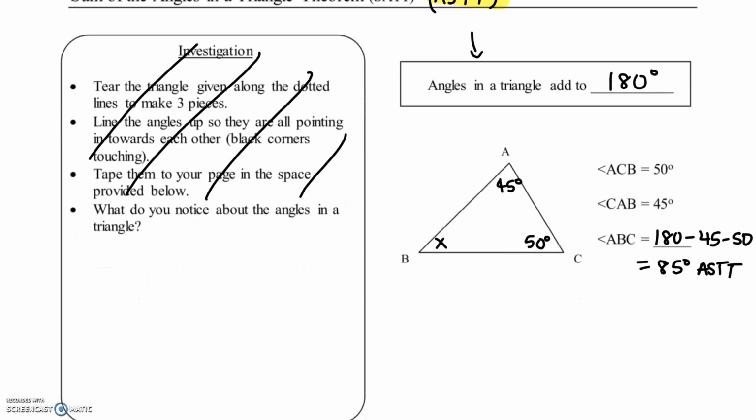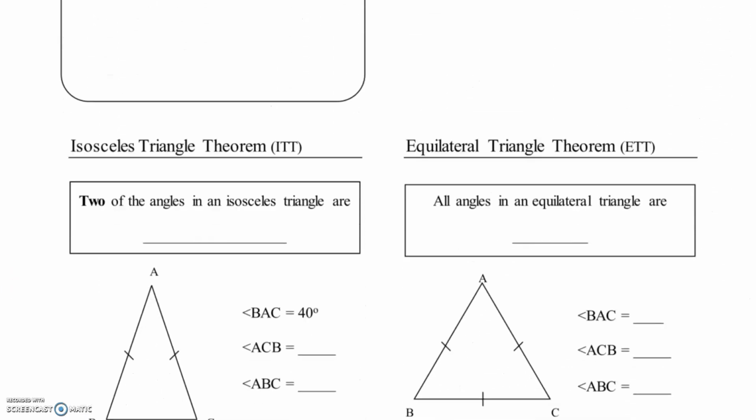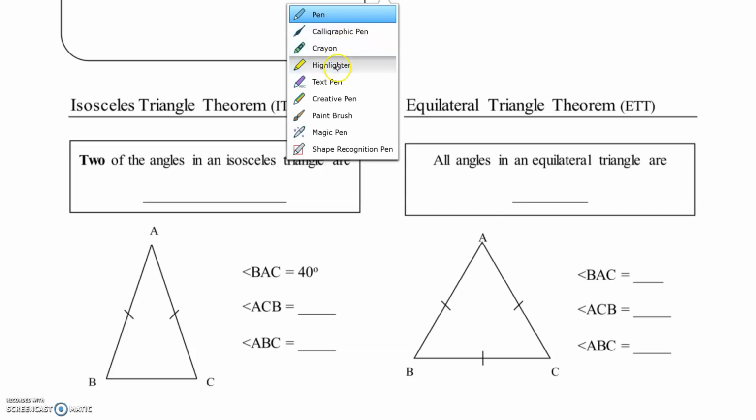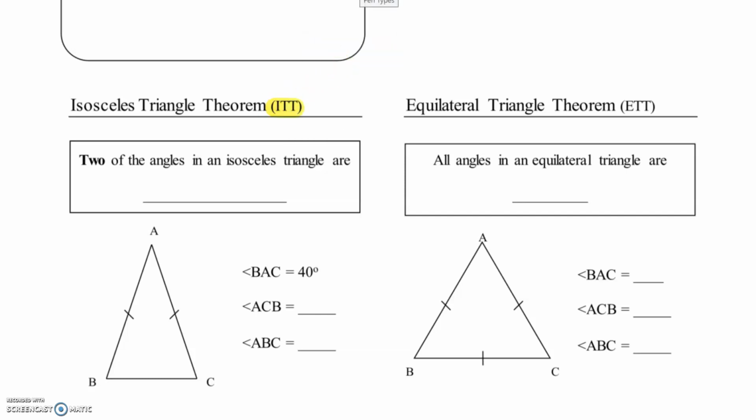All right, so that's the first theorem: the angles in a triangle add up to 180. These two theorems are based on what we just talked about with the definitions. The isosceles triangle theorem is ITT, and the equilateral triangle theorem is ETT. For the isosceles triangle theorem, two of the angles in an isosceles triangle are equal.